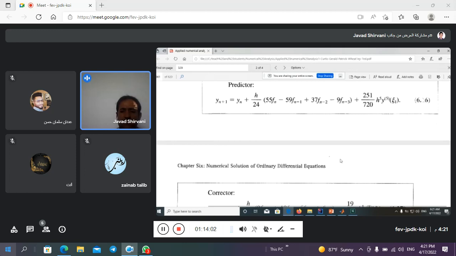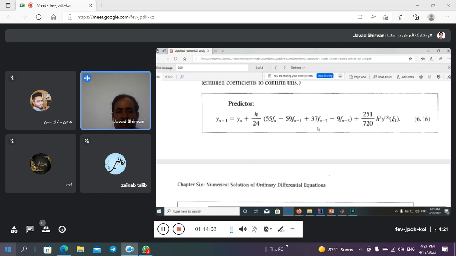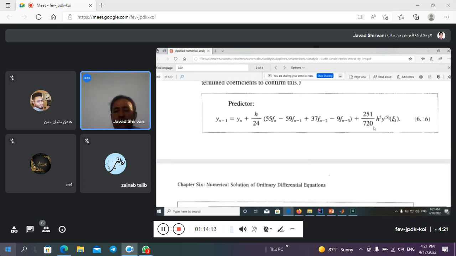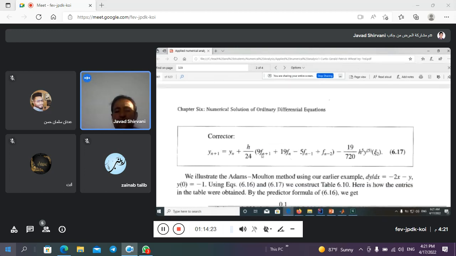The difference between the corrector and the previous formula, the predictor, is that we use the information of the predictor to obtain the value of f index n plus 1, which is used in the corrector formula.